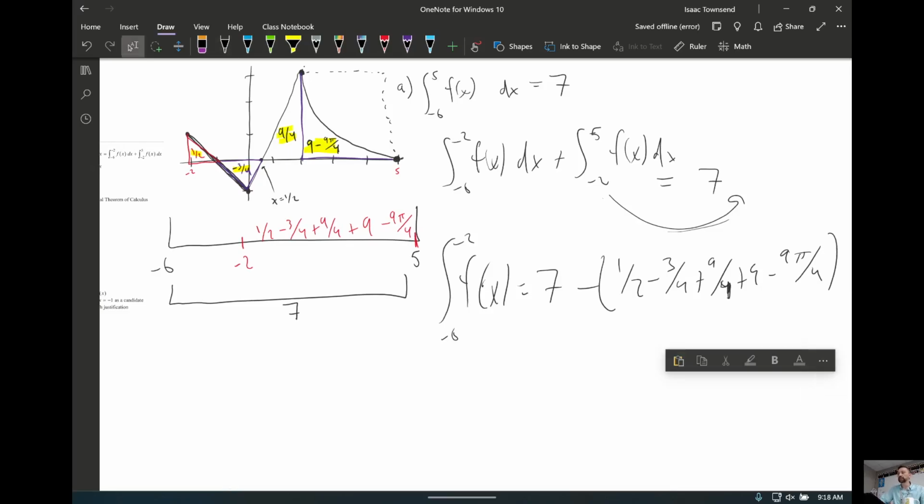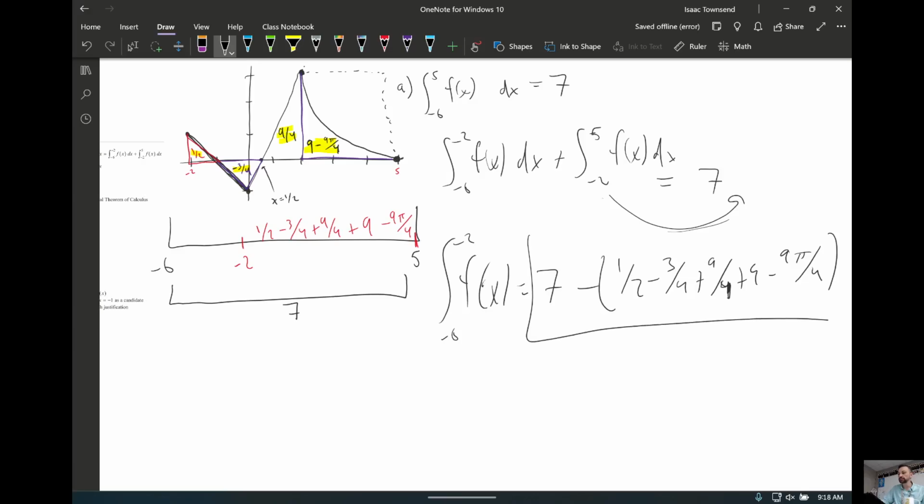Now, so here's the answer. The only catch to that is when I show you the scoring guide in a second, they are going to simplify it. So if your answer looks different but you think it's equivalent, the only way I can tell you whether it's right or not, because I can't memorize every form of the answer, is if I threw this in my calculator and got its nasty decimal, and I take their answer and throw it in the calculator and look at its nasty decimal, if they're the same decimal, they're equivalent.